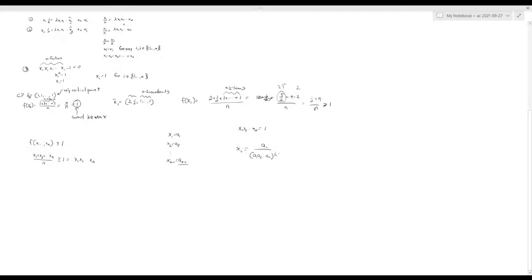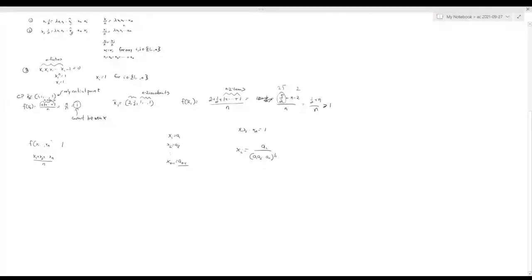Let's see if that satisfies the constraint, and that's a minimum. Oh, so now it's right. One is the minimum for the function.